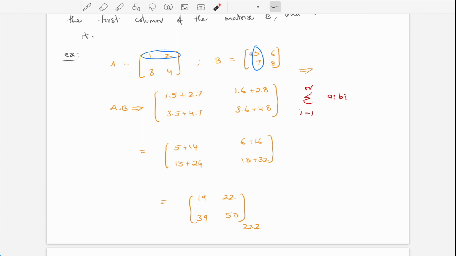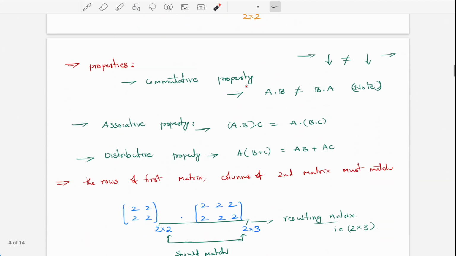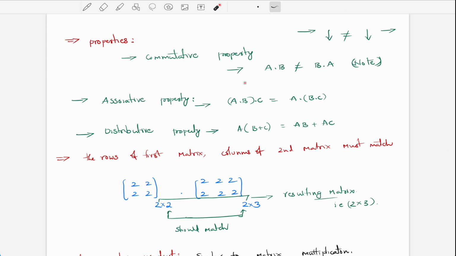But here, if the 5 comes over here, and then 5 into 6, and if the 7 comes here, and the 7 into 8, so here the value is changing. Are you understanding? Here the value is changing. So here the commutative property does not apply. So LHS is not equal to RHS. If the rows and columns change, then it's not equal.